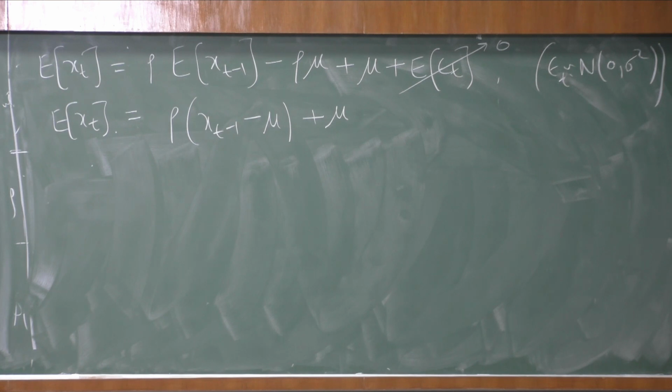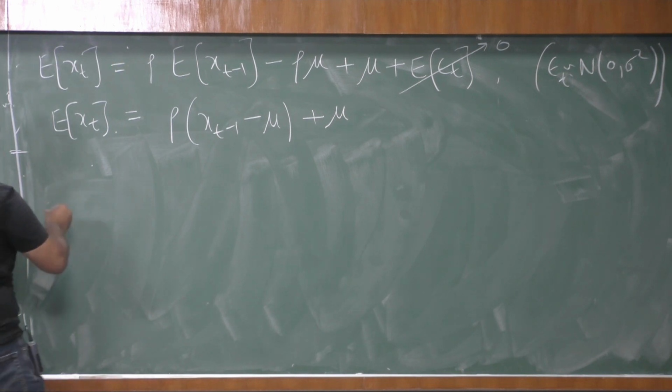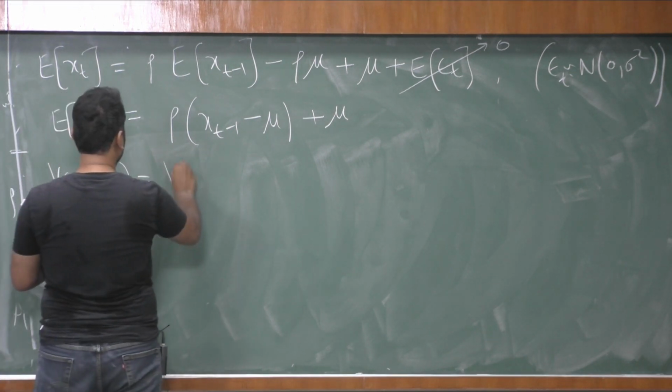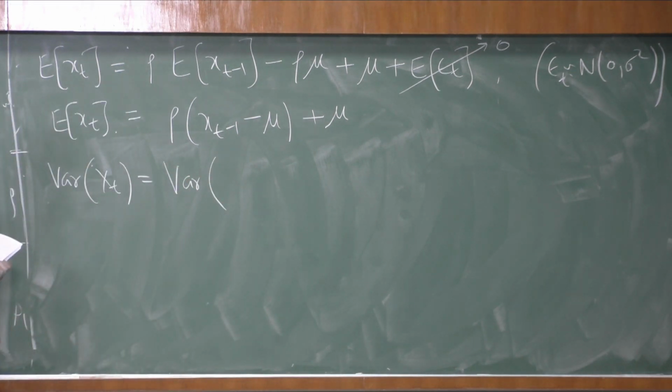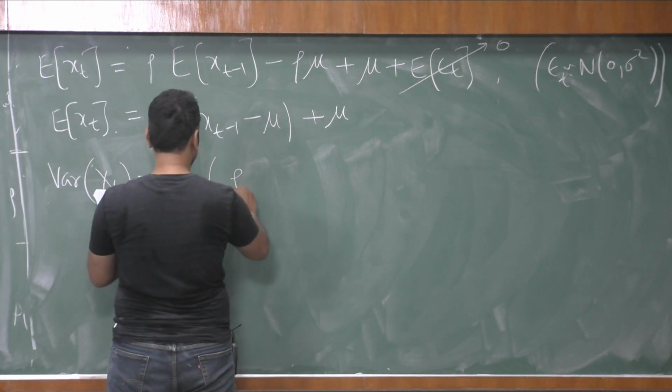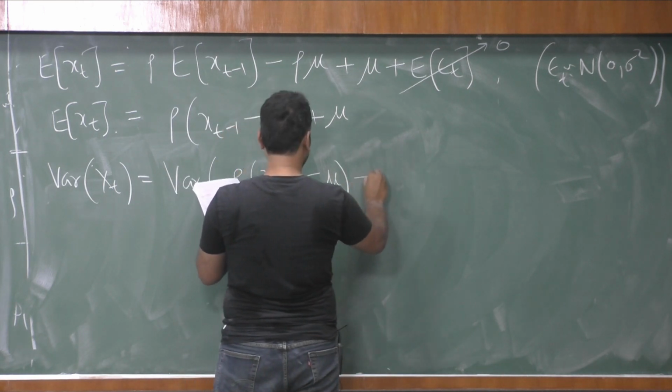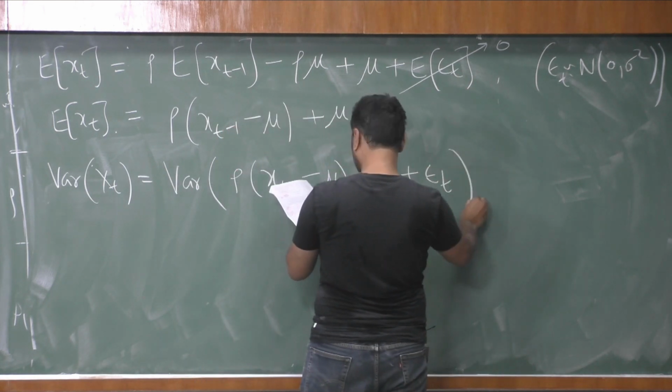Okay, and we need the variance also. To compute the variance, we take the variance of xt. It seems it will be just sigma squared. So let us compute it: the variance of xt will be the variance of the expression for xt, rho times (xt minus 1 minus mu) plus epsilon t.